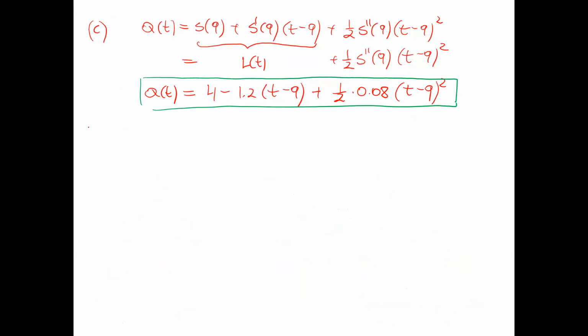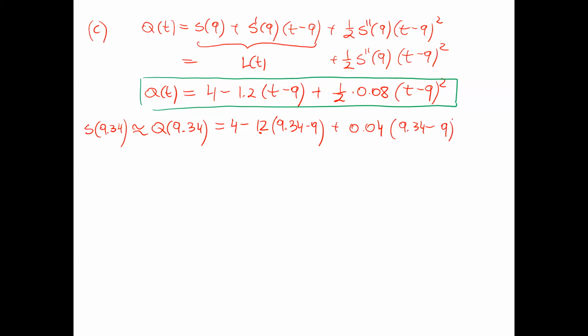Now we would like to approximate at 9.34, and now we will use the quadratic Q. 4 minus 1.2 times 9.34 minus 9, plus 1/2 times 0.08, I can say 0.04, and then 9.34 minus 9 squared.